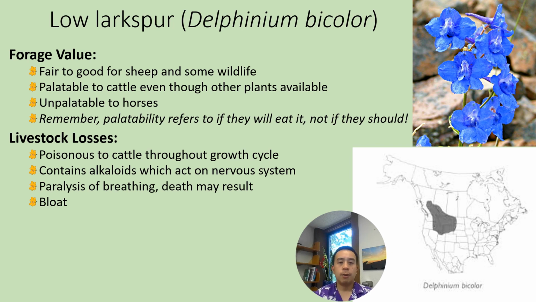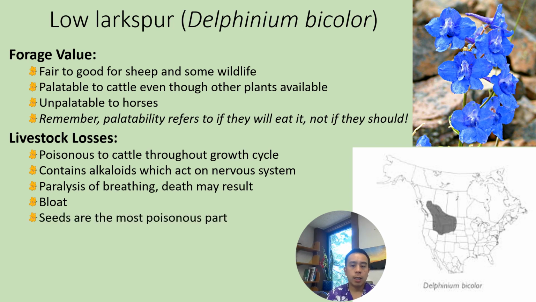It's usually removed through belching, but sometimes it can accumulate and cause health problems and even death in ruminant livestock. And specifically, the seeds are the most alkaloid-heavy part of this plant and the most poisonous part.